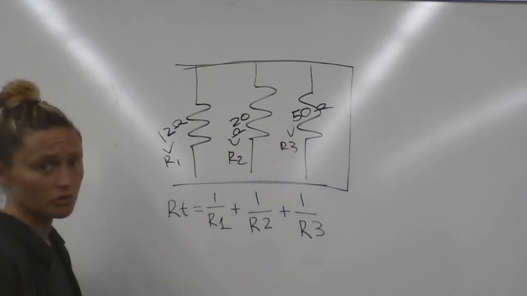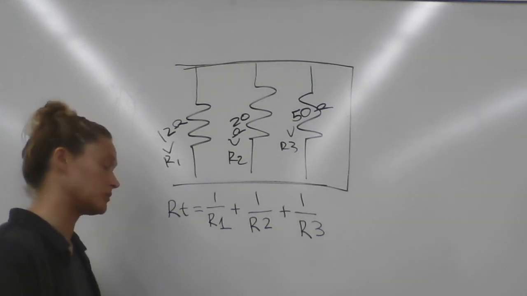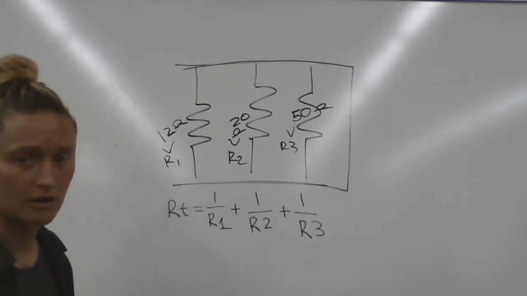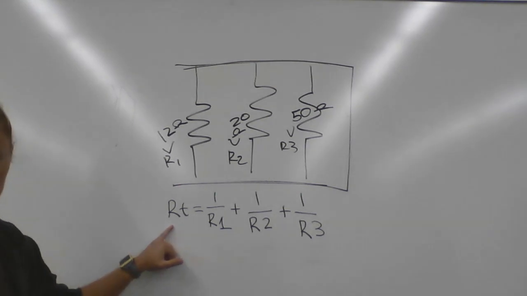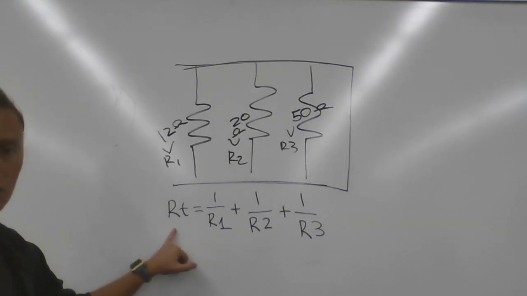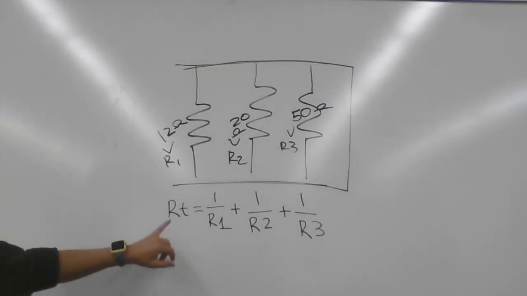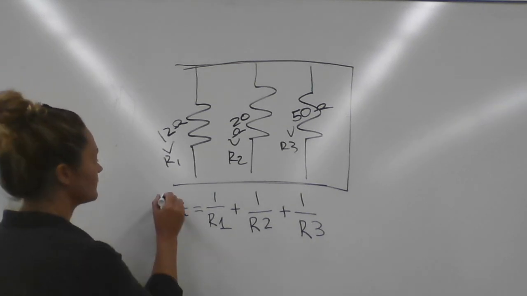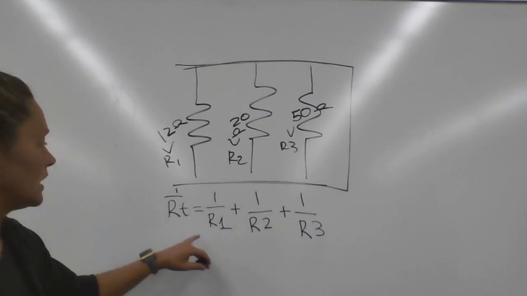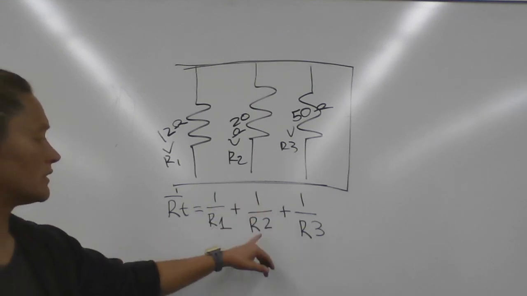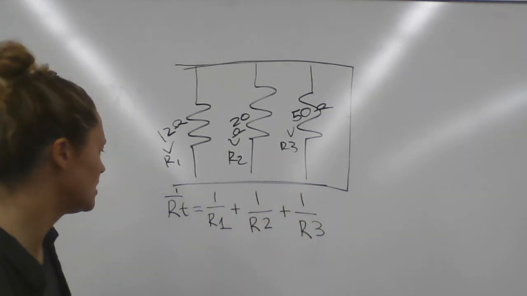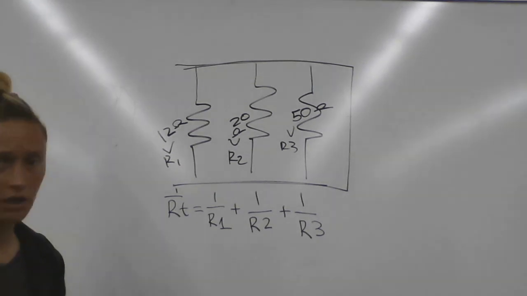Okay, so I'm just going to go through these steps. I'm not going to use the calculator because you guys can calculate those things out. So we have our equation, right? If we want to find total resistance in a parallel circuit, we have 1 over RT equals 1 over R1 plus 1 over R2 plus 1 over R3. Resistor 1, 2, and 3, okay?